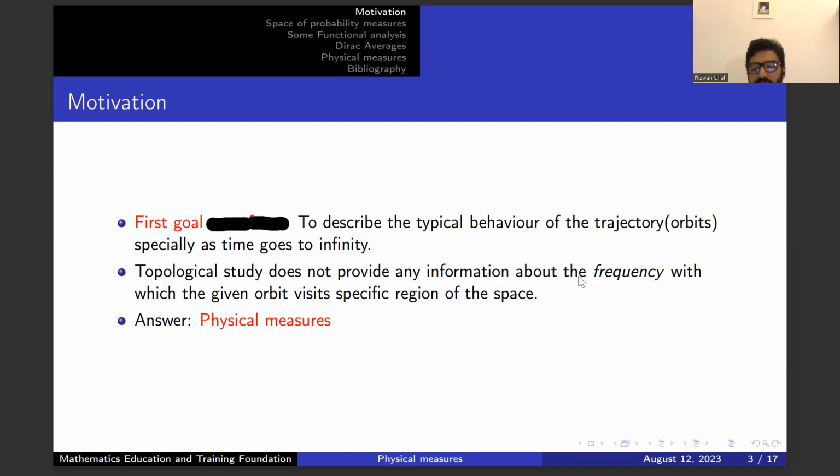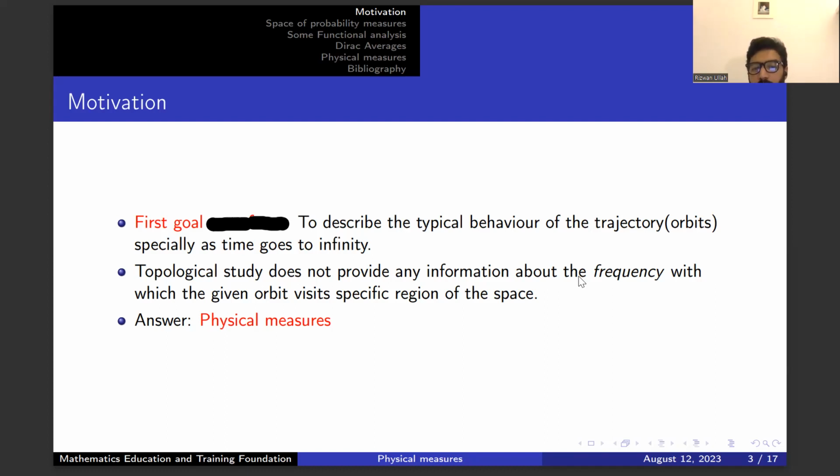Describing the trajectory associated to some particular point under some map is not always very informative when you are dealing with it topologically. For example, topologically, you can't get much information about the frequency with which the orbit is visiting some specific region of the space.